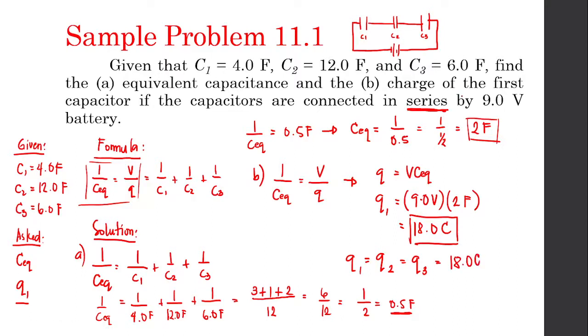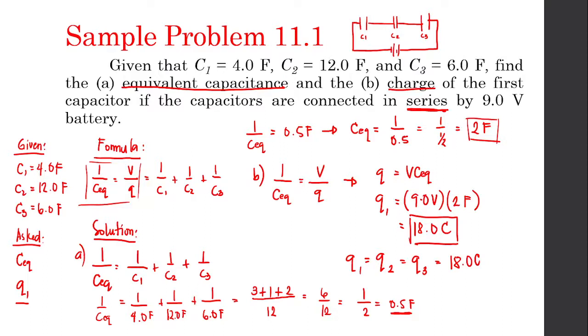Okay, so if we're just looking for the first capacitor, it's 18 coulombs. If you're looking for the charge of all the capacitors, it's still 18 coulombs. That's how you're going to measure the charge and the equivalent capacitance in a series.